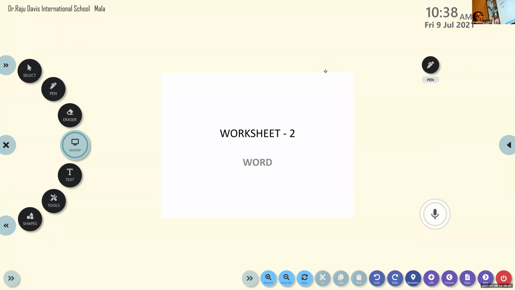Okay, so when it comes to the words, children, there are one syllable words and more than one syllable words. So I taught you how to find out a one syllable word. I told you if there is only one vowel in it, we call that word a one syllable word.